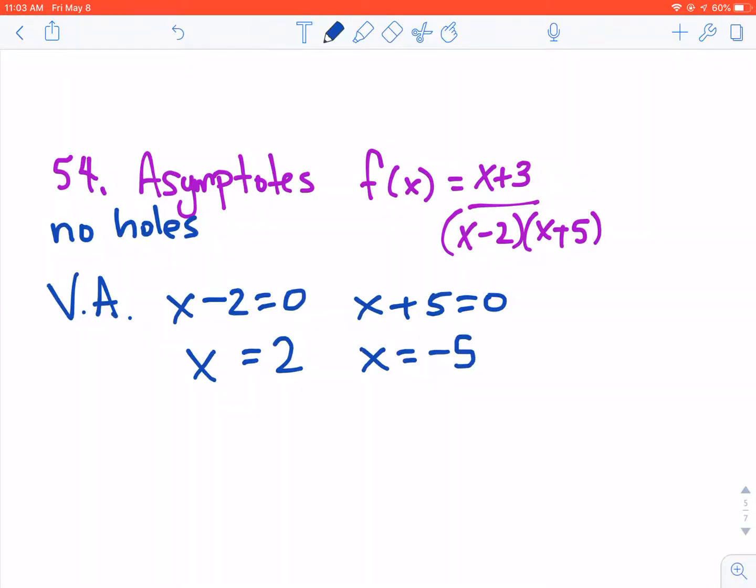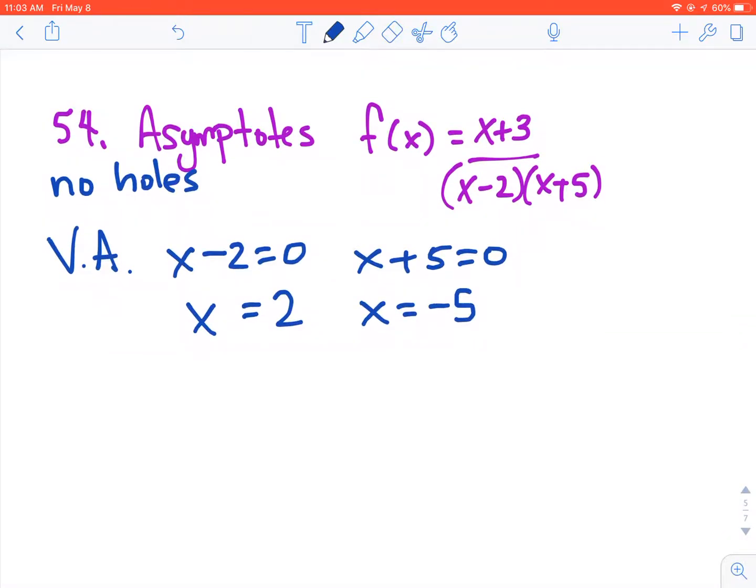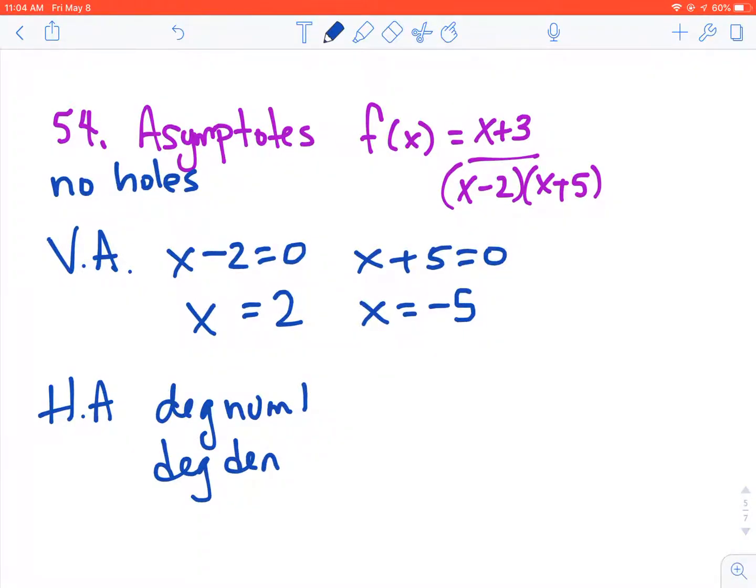My horizontal asymptotes, remember, it has to do with the degree. The degree of the numerator is 1. The degree of the denominator is 2. Well, when the numerator degree is less than the denominator degree, I know that it's y equals 0.